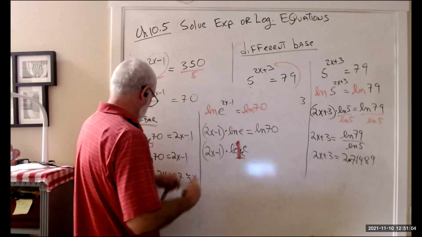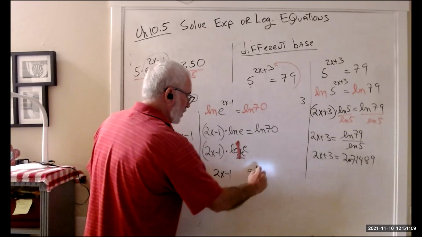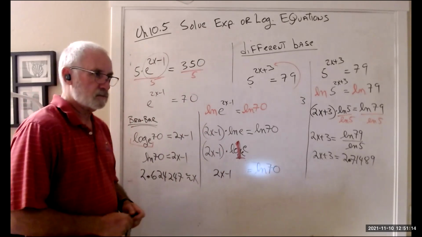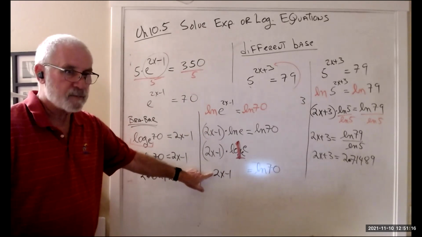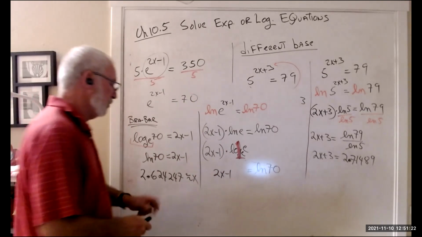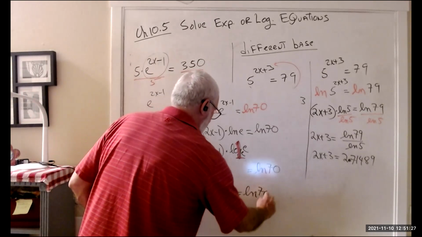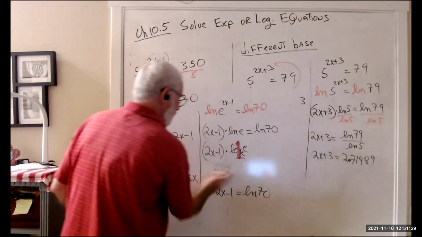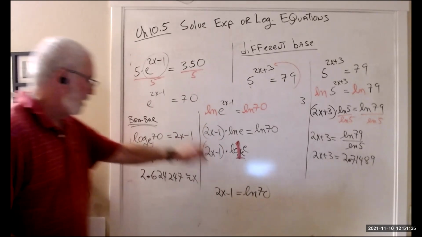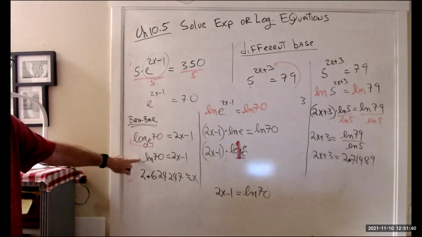So this becomes 2x minus 1 times 1 equals the ln of 70. And notice right there, that problem, which I conveniently put into the glare. Very good, Foster. Couldn't have planned it better if you tried. That problem right there is exactly the same as that problem there. So we're going to get the same answer.